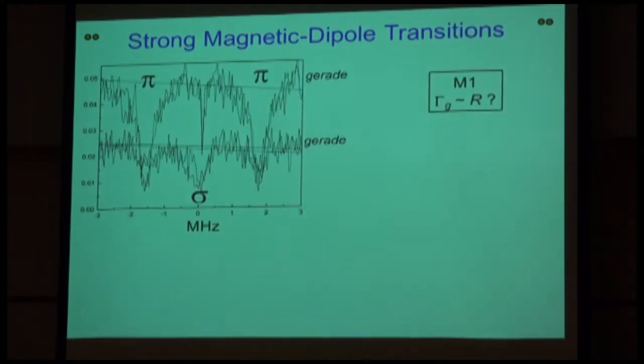And indeed, we can actually see magnetic dipole transitions to these gerade levels. So you can see a trace, not the best, but somewhat useful to look at.